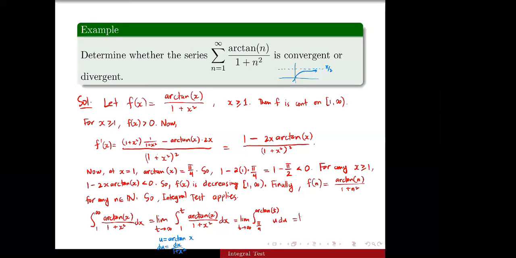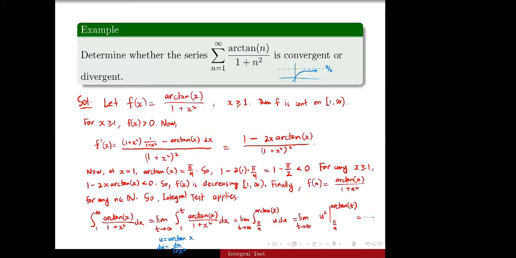So this is the limit as t approaches plus infinity of u squared evaluated from pi over 4 until arctan of t.